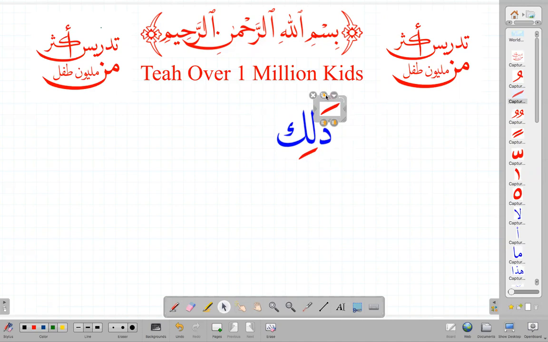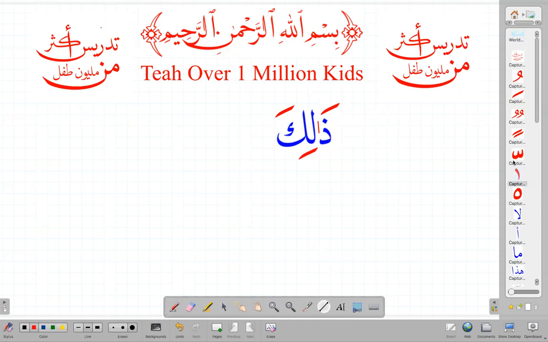And as we saw in the first one for هذا, ذلك as well should have a small alif written to make the long.